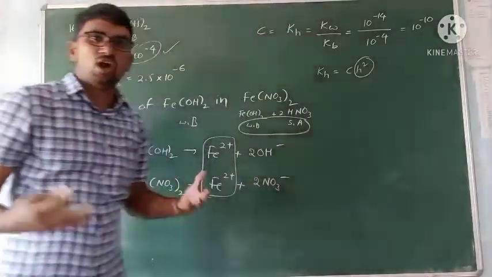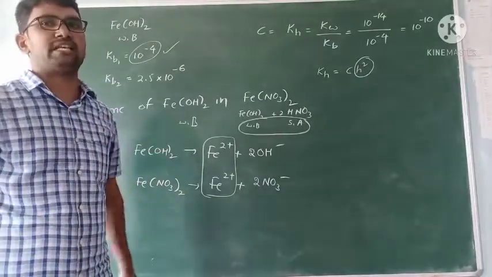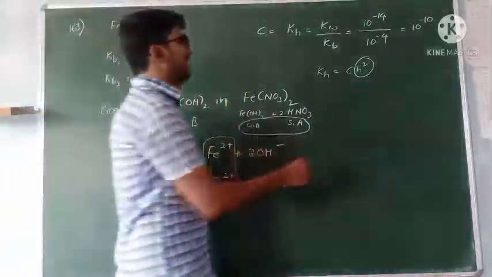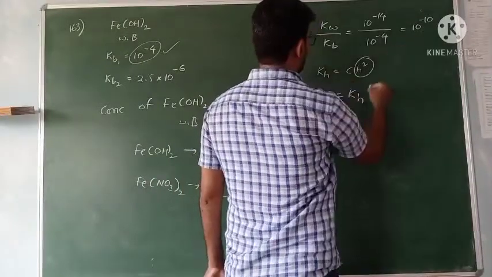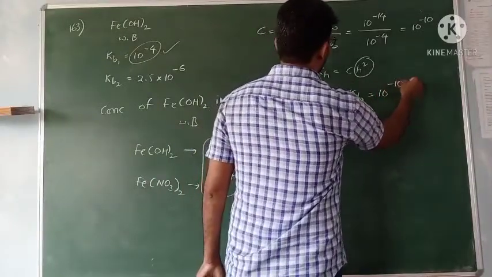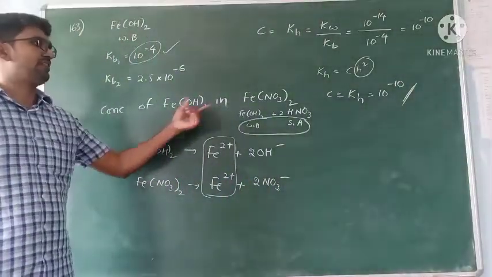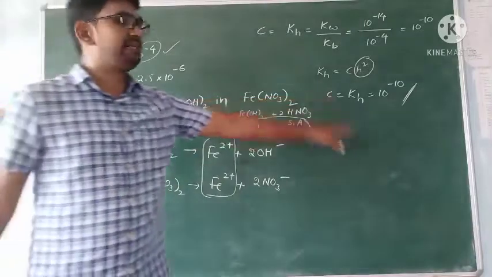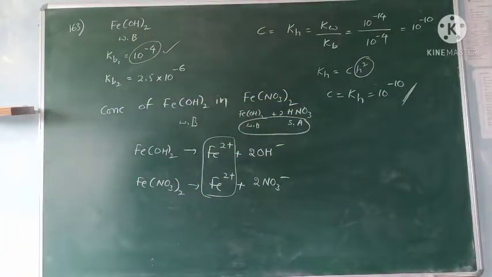For a weak base, very little hydrolysis takes place. That's why we neglect that value. So C is equal to KH. What is the KH value here? 10 to the power of minus 10. That's why the concentration of Fe(OH)2 in Fe(NO3)2 is 10 to the power of minus 10. Completed.